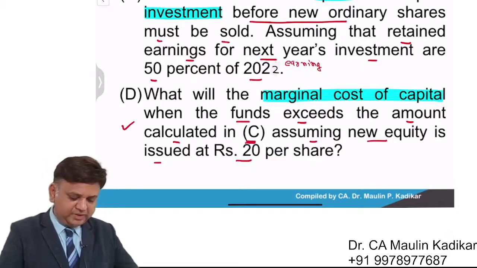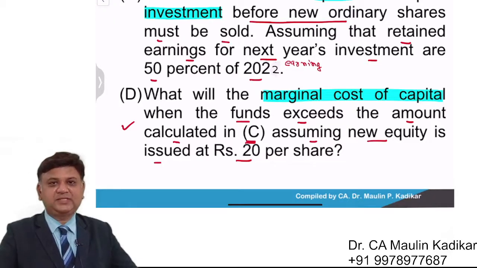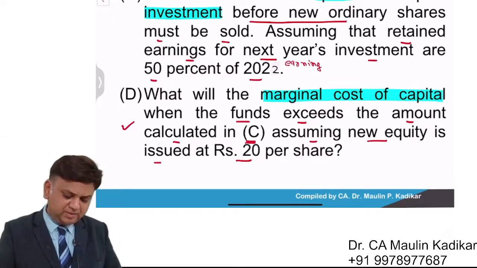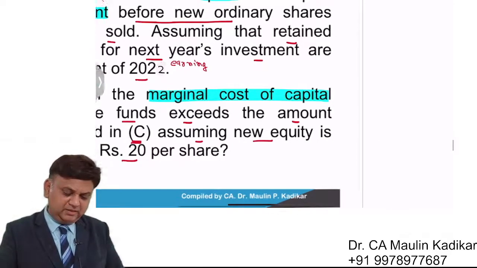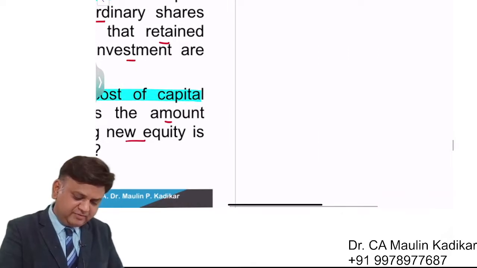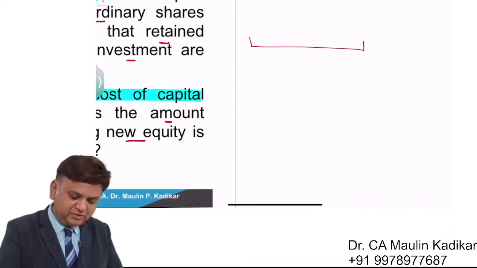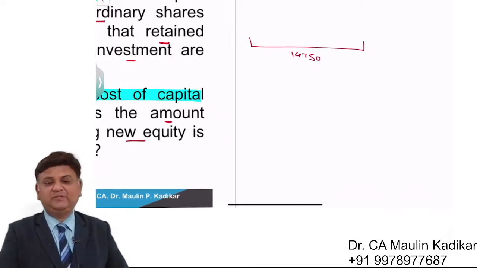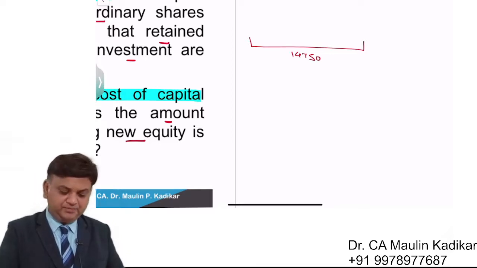I request you to do answer for this question and put your answer in the chat box. Dear students, we understand that over here the question says that once your capital investment of 14750 is exhausted, in a way that you already have made the capital investment of 14750.